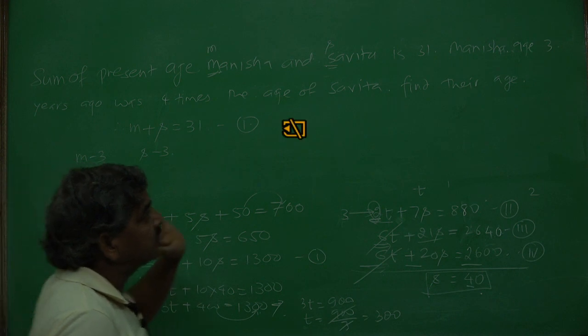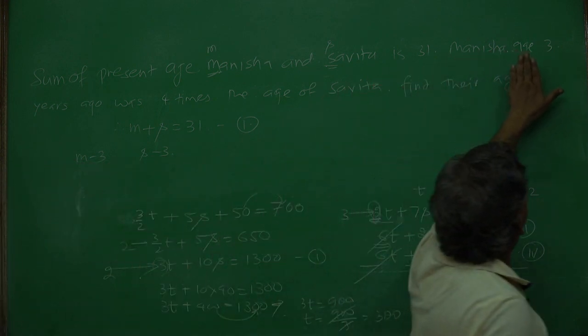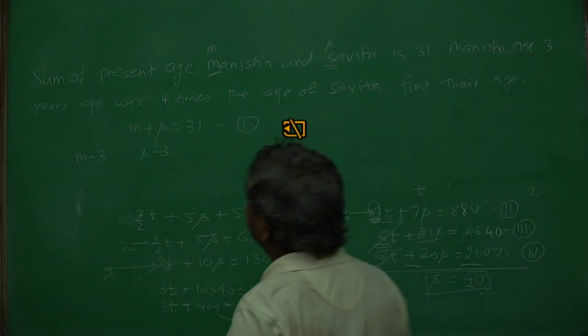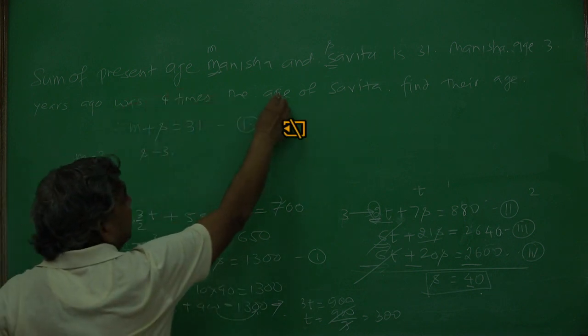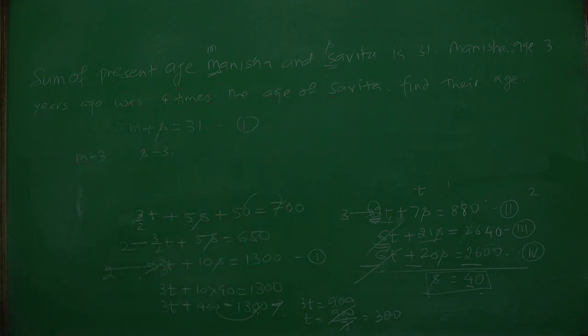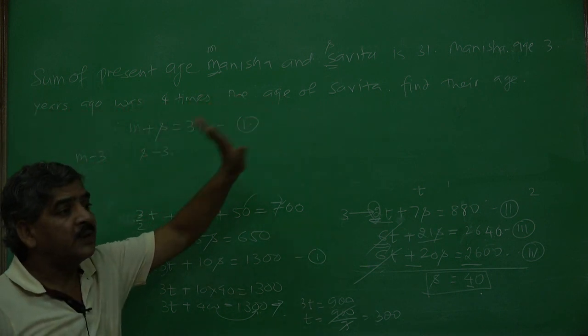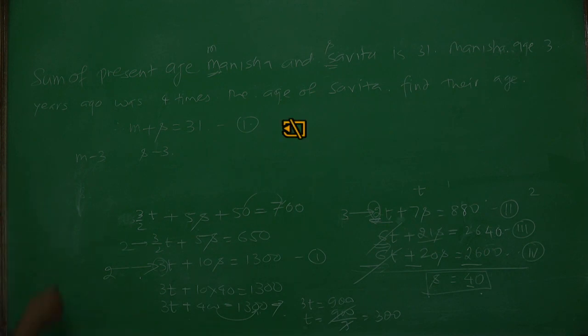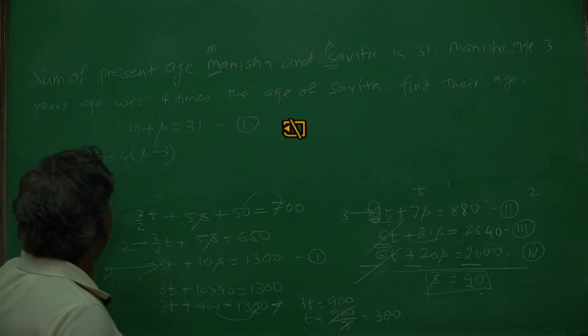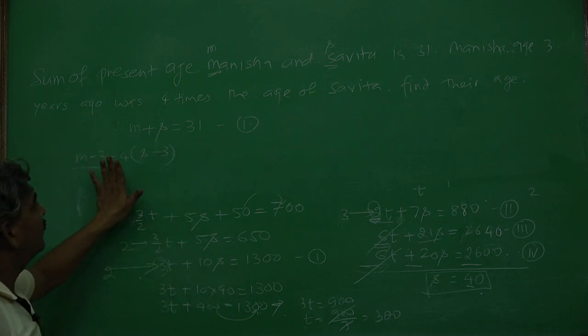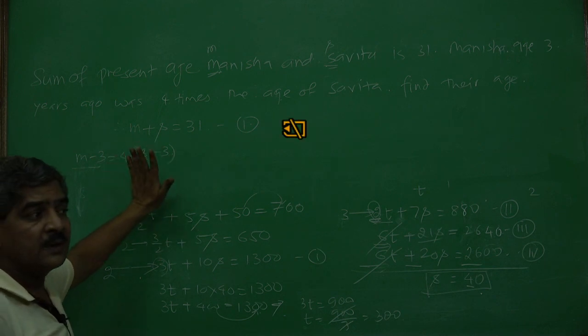Read the question: Manisha's age 3 years ago was 4 times the age of Savita. So Manisha's age is equal to 4 times the age of Savita.